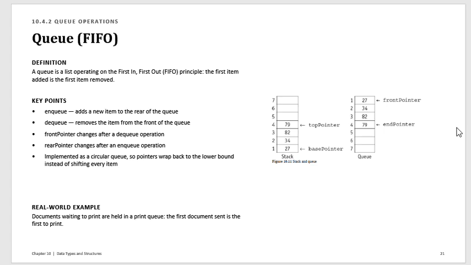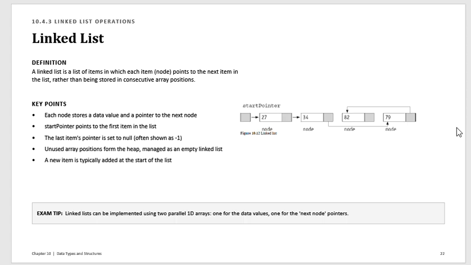The front pointer changes after the dequeue operation, and the array changes after an enqueue operation. In the real world, documents waiting to print are held in the print queue. The first document sent is the first to be printed. Remember, the queue uses first in, first out.